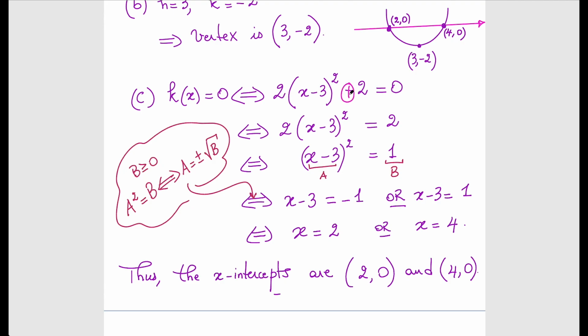If I change this to plus instead of minus, this guy becomes minus because you're subtracting 2. And then if you divide by the 2, that becomes a negative 1. This property is no longer applicable because the b becomes negative, and as such we cannot proceed as we used to.